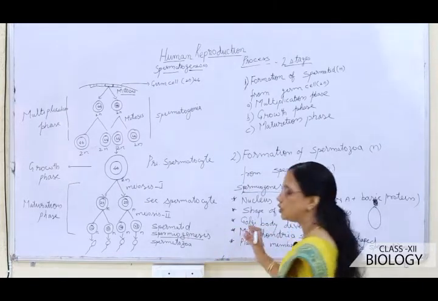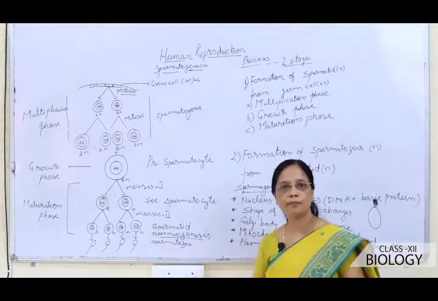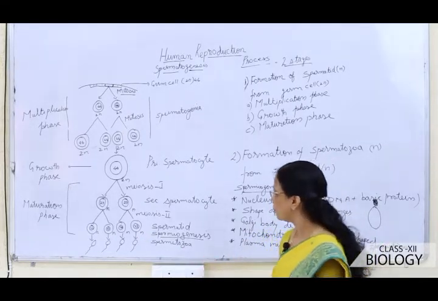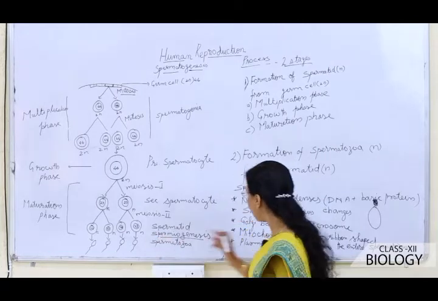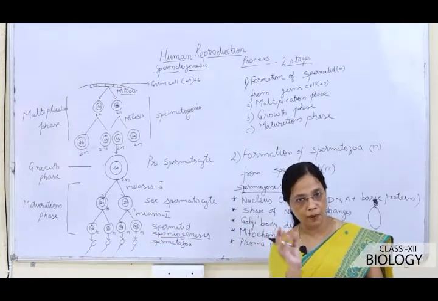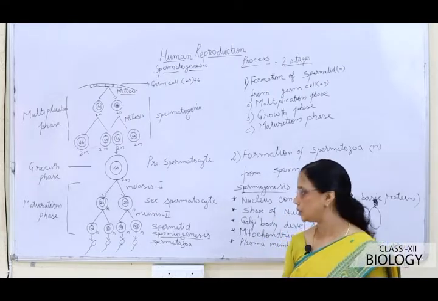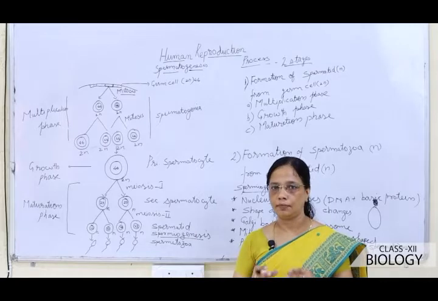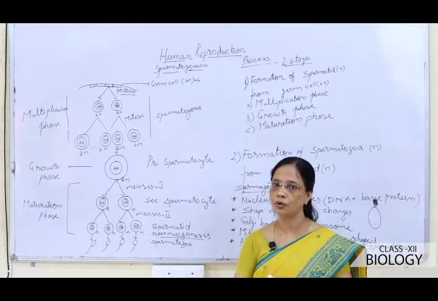Next, Golgi body, which is an organelle present in the spermatid, develops into acrosome. And then mitochondria, the powerhouse of the cell, becomes spirally coiled to form a ribbon-shaped structure, and the plasma membrane covers the entire spermatozoa.